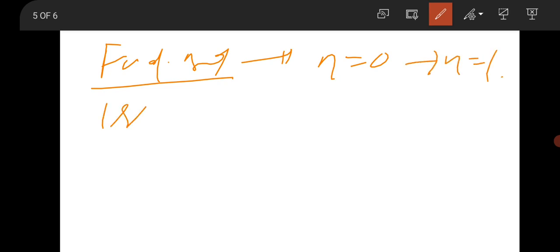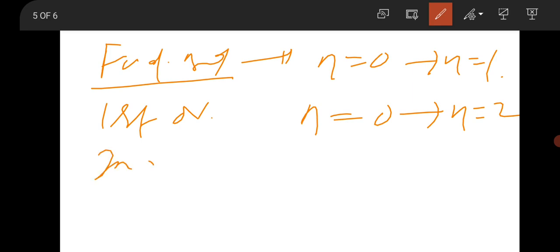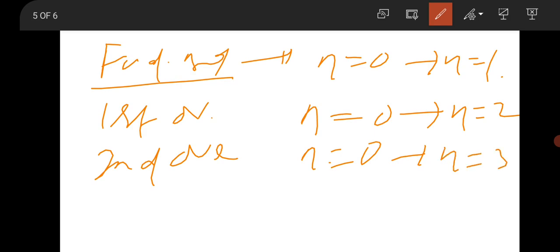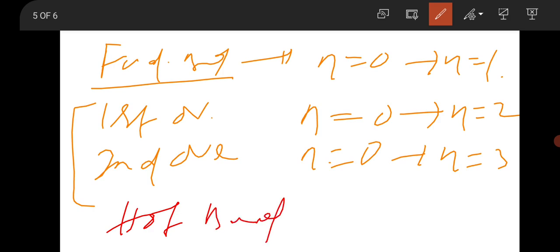For the first overtone, the transition will be from n equal to 0 to n equal to 2. For the second overtone, the transition will be from n equal to 0 to n equal to 3. Similarly for the third overtone, the transition will be n equal to 0 to n equal to 4. But for the hot band, the transition will be from n equal to 1 to n equal to 2.